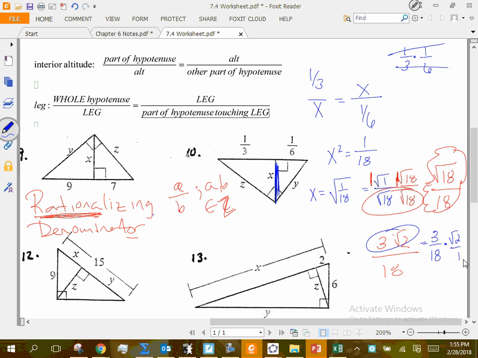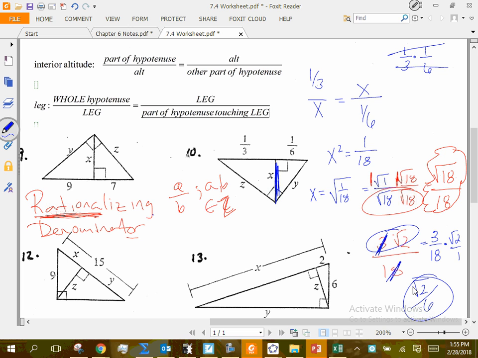If I multiply straight across the bottom, do I get that denominator? So what's 3 divided by 18? What does that simplify to? 1 over 6, okay? So we can actually reduce that 3 and that 18 and get radical 2 over 6. And that is the best answer for y.